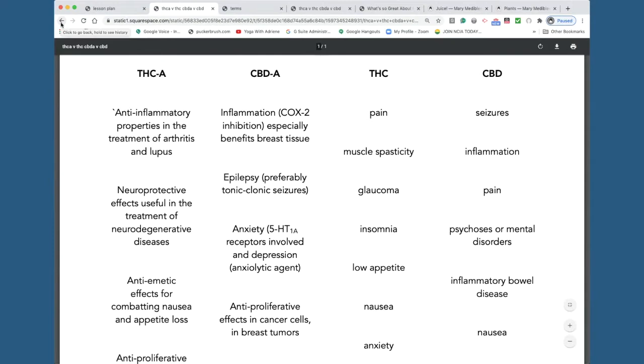Does it matter if you have one and not the other? Yeah, there's an entourage effect, so all of the compounds actually work better if there are more cannabinoids present.